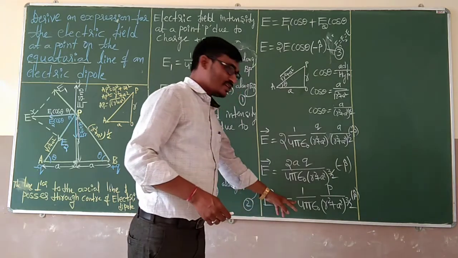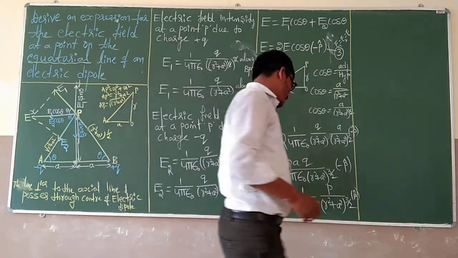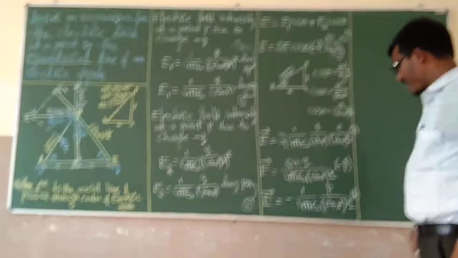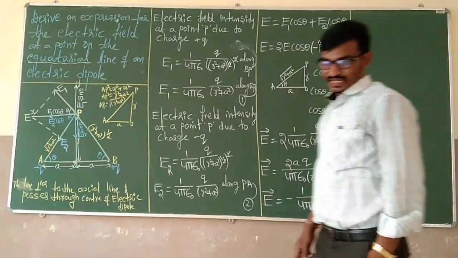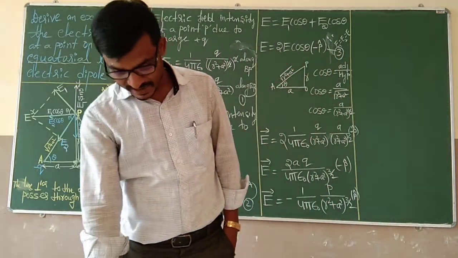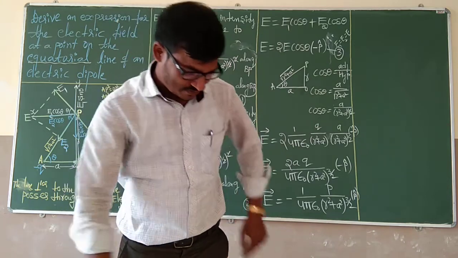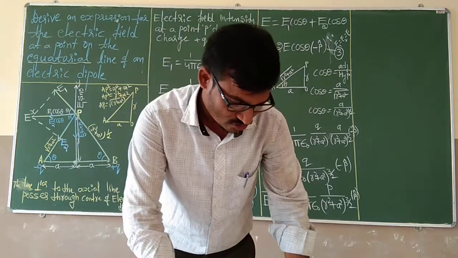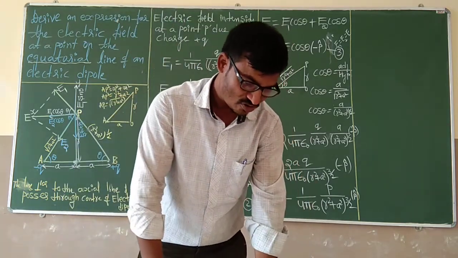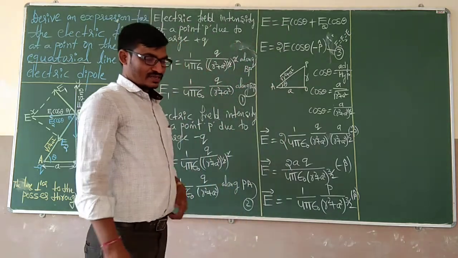E vector is equal to 1 by 4 pi epsilon naught, P divided by (R square plus A square) whole to the power 3 by 2. This is the final expression for electric field due to the dipole along the equatorial line. Clear?